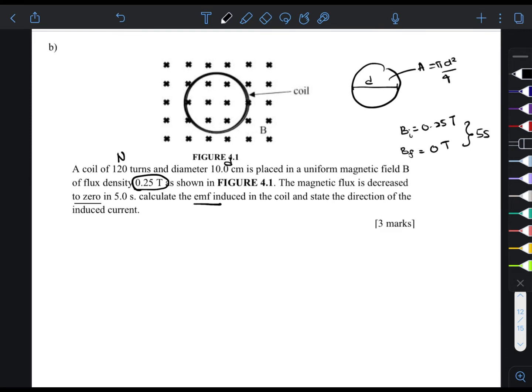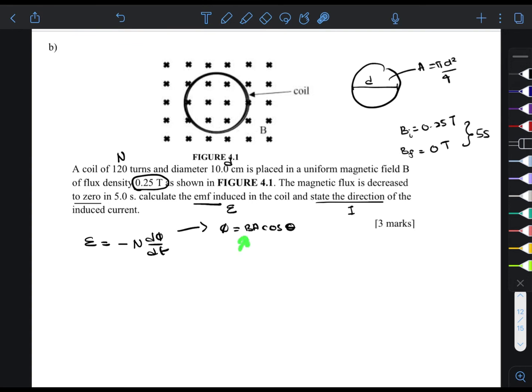So we have two questions here. The first one is to find the induced EMF, and next is to state the direction of the induced current. First thing, we know the general basic equation for induced EMF is negative N d flux over dt. Every time you have a change in the flux, we can induce EMF. And the flux here is equal to BA cos theta.